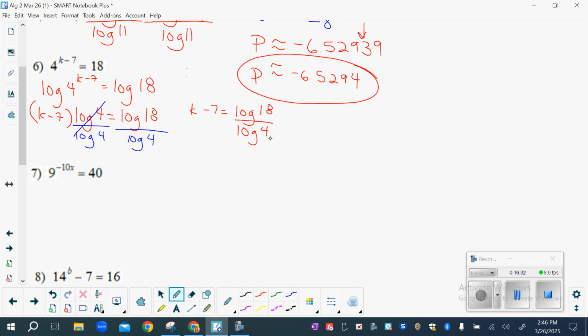And then this group back here, what would my last step be? Good, add 7 to both sides.